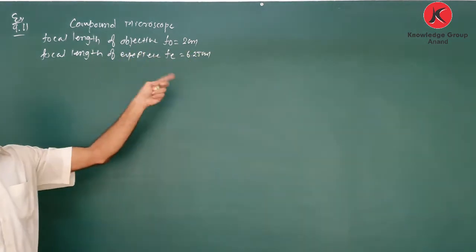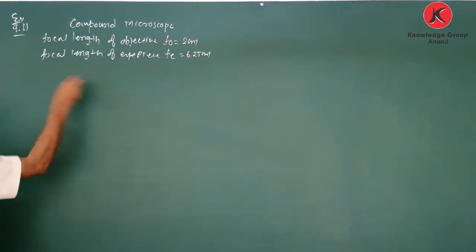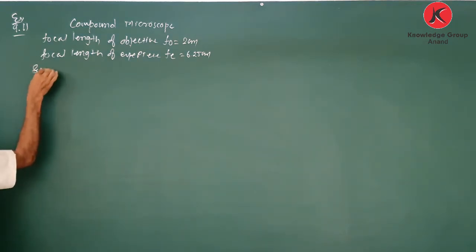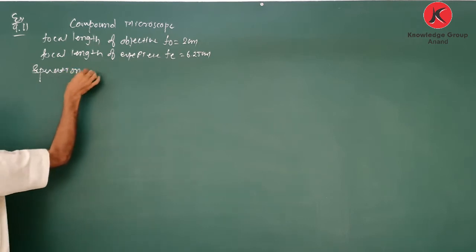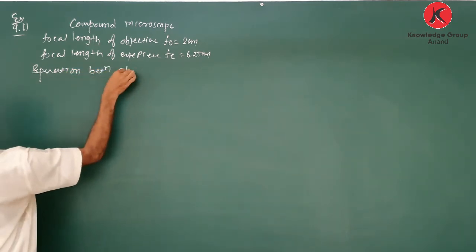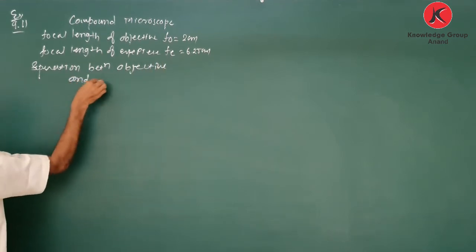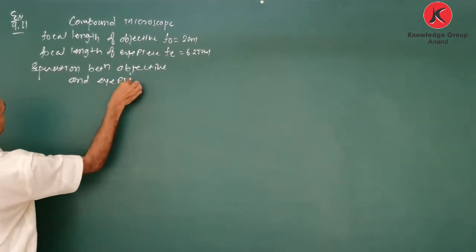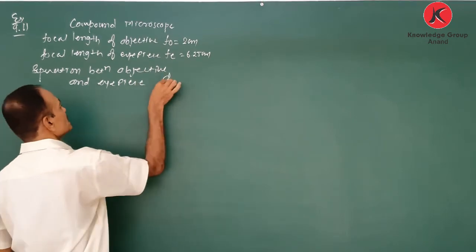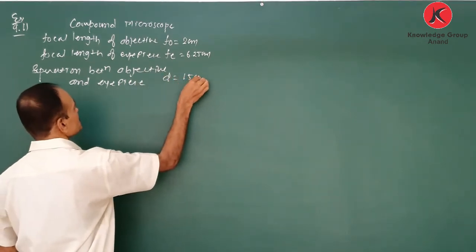Now the separation between the objective and eyepiece is given, D is 15 centimeter.